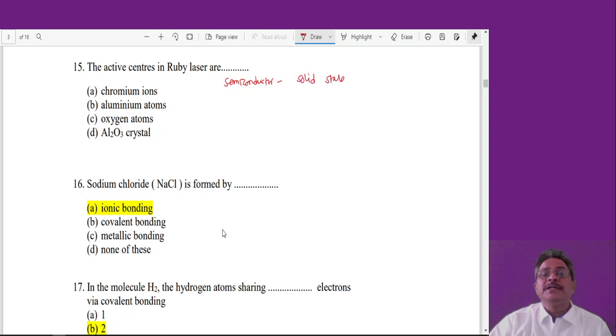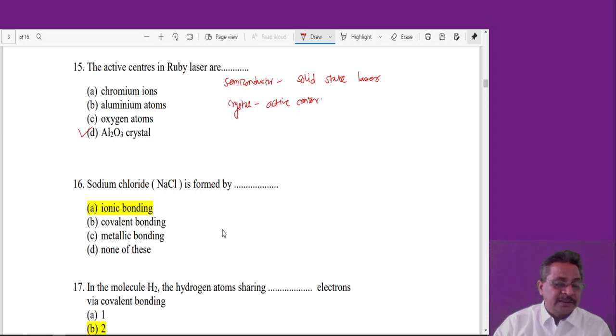From its operation, you might have seen earlier, we require a crystal of Al2O3, aluminum oxide. This crystal is called the active center. All the operation of laser emission is possible in the case of this Al2O3 crystal, which is called the active center.